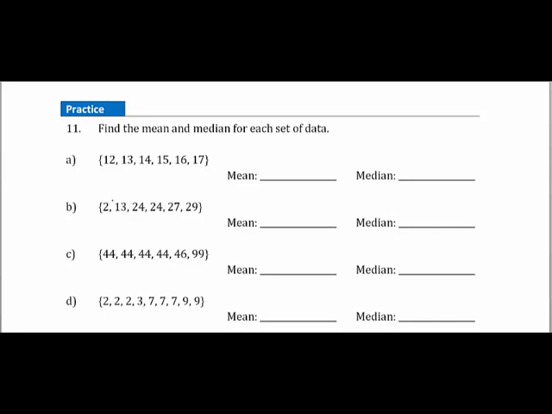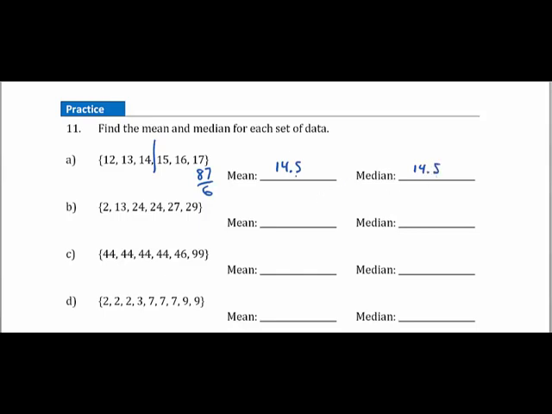We're now going to find out if you got the right answer for the mean and median for each of these. If we add up all of these numbers and divide by 6, you'd get 87 divided by 6, which gives you an answer of 14.5. The median is the number between these two, which also happens to be 14.5.